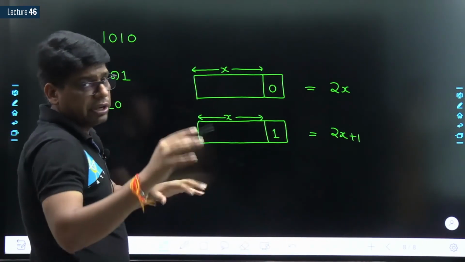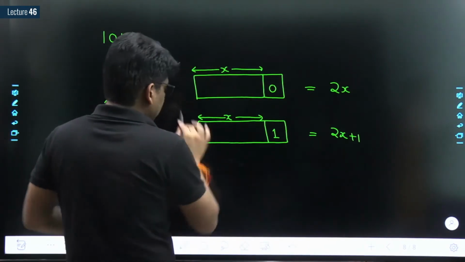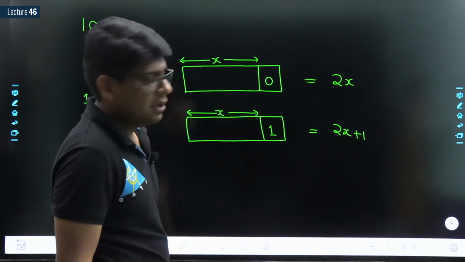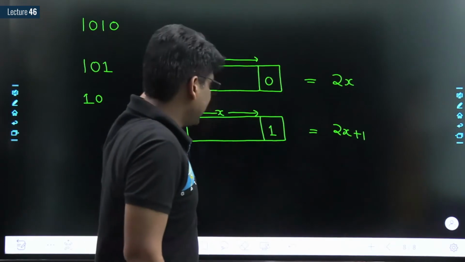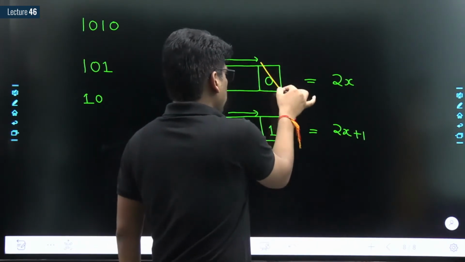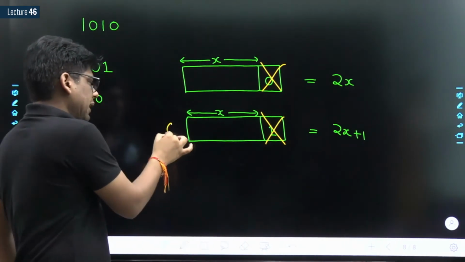Think of it in the reverse way. If I have any number, either the last bit is 0 or the last bit is 1. If I right shift it, this bit will be popped out and the empty space is filled by a 0.